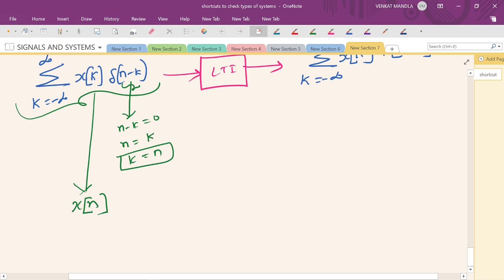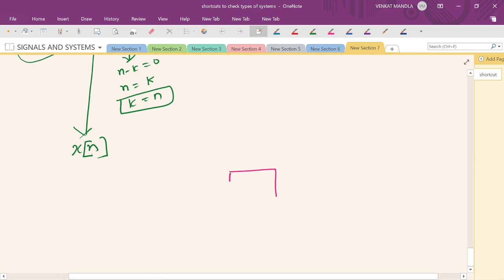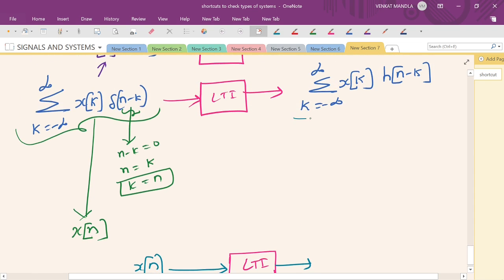Right? Now this is an LTI system, a discrete system. Now I am applying x of n as an input. What I am getting at the output is sigma x of k h of n minus k.